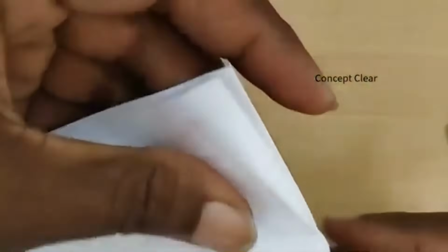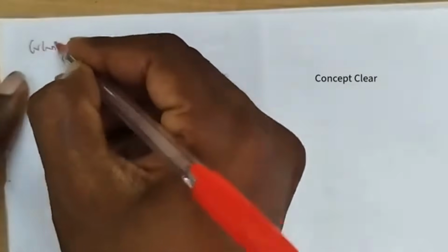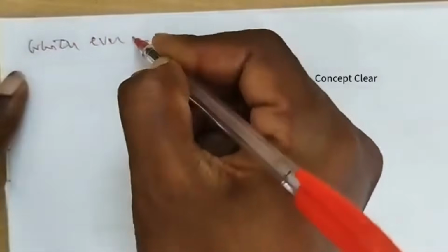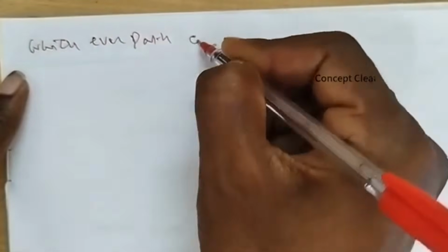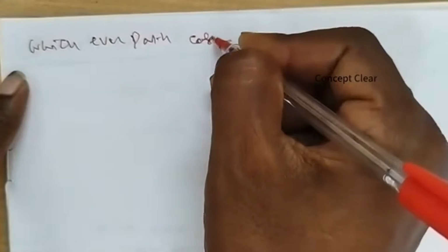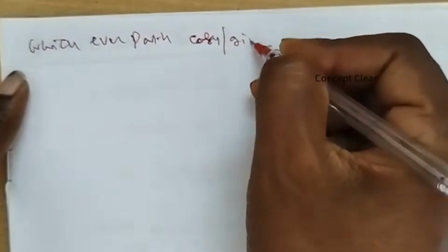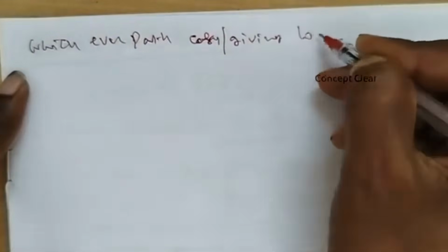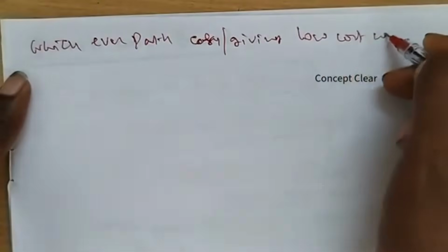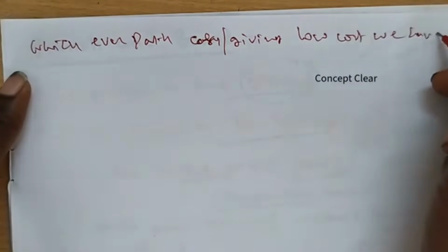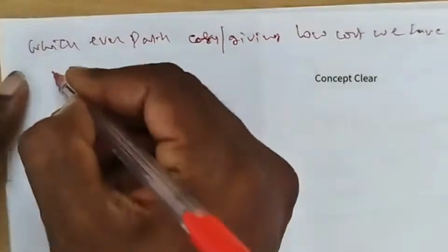See here. Whichever path is easy or gives low cost, we have to go in that path.